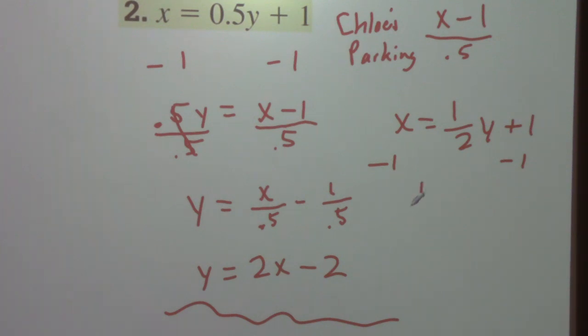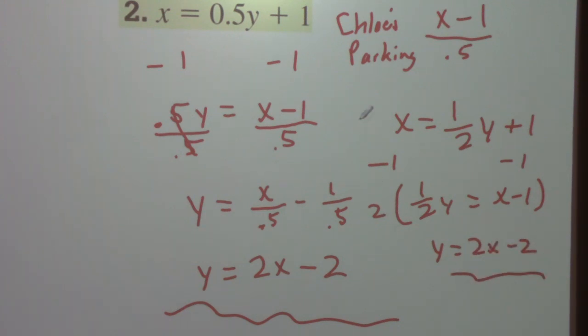So we got 1/2 y equals x minus 1, and then you multiply by 2, and then you have y equals 2x minus 2, okay? And so this is really an example where sometimes some people aren't comfortable with fractions.